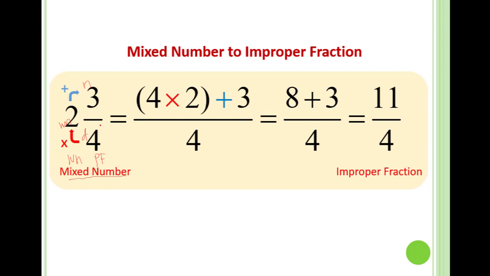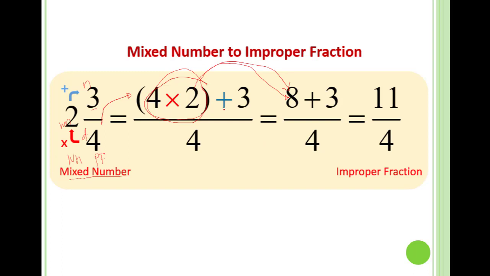So that will be now 4 times 2 with a bracket on it, plus 3 over 4. As you can see in this, 4 times 2, the answer is 8.